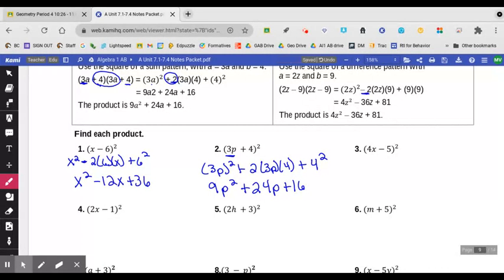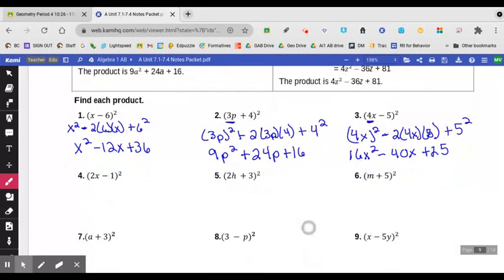Again, I'm going to square the first term, 4x. Here it's a minus 2 times 4x times 5 plus 5 squared. So that's 16x squared minus 40x plus 25.